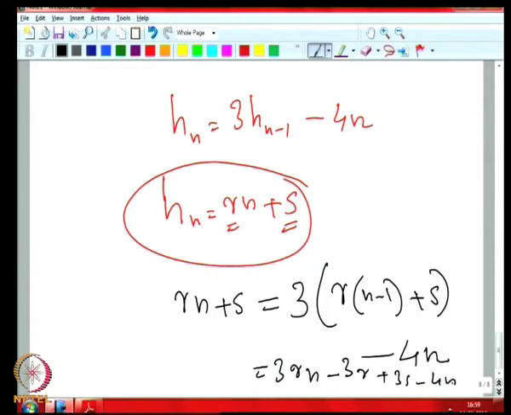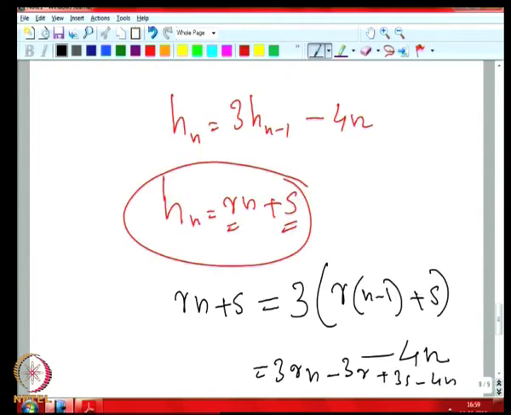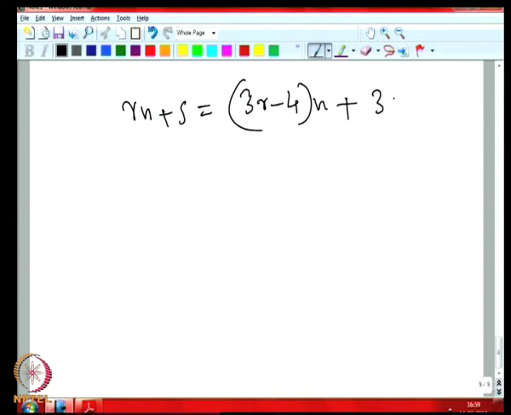Now we can collect the terms involving n together: Rn plus S equal to (3R minus 4) times n plus 3S minus 3R. This is what you see.